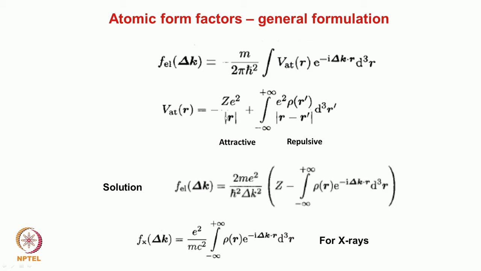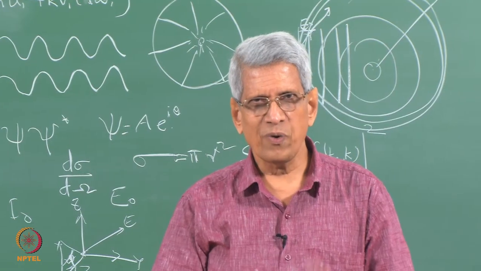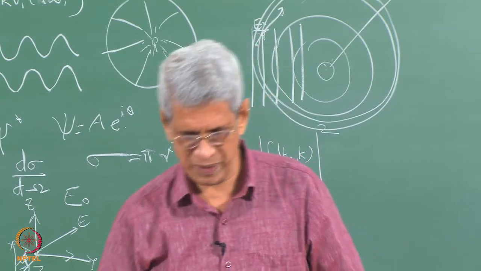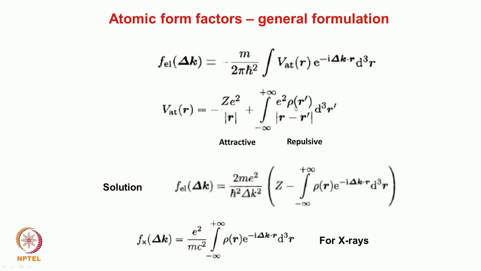This potential can be written as an attractive potential which depends upon r, plus a repulsive potential away from it. If we substitute and solve it, the detailed mathematics one can find, it turns out to be two terms. One depends upon Z, and another is a factor which depends upon the density of the electrons, which gives the repulsive interaction.